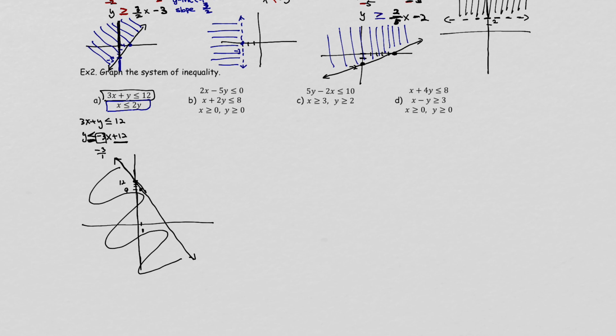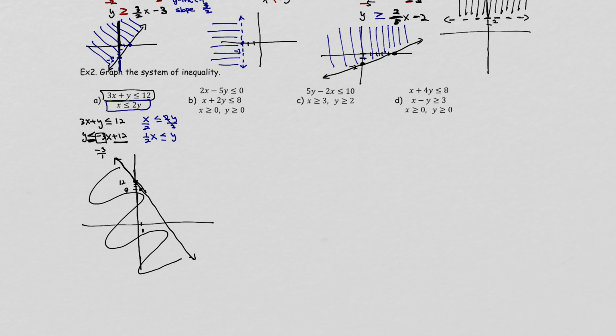And then the second inequality I have is x is less than or equal to 2y. And remember, if you have x and y variables, you're trying to solve for y. So you're going to divide both sides by 2. So y is greater than or equal to 1/2 x.